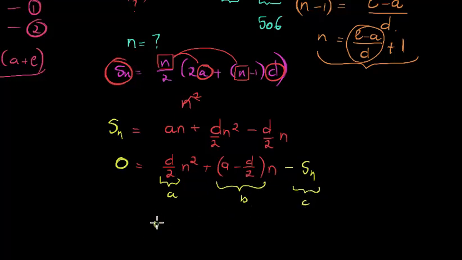How many answers am I going to get? Two answers. And one of the answers is going to be nonsense. What do I mean by nonsense? I mean it makes no sense. In other words, one of the answers is either going to be a fraction or it's going to be negative.